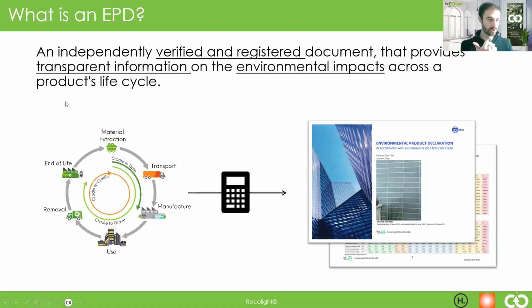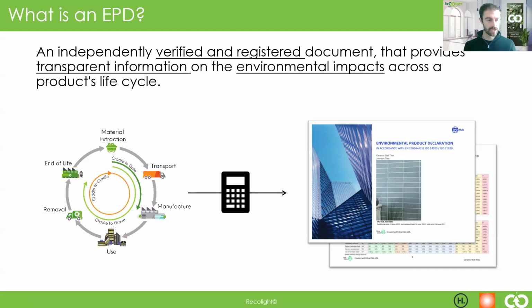That's going to be things like your materials, your utilities, your wastes, etc. All of those inputs are put through a model or calculation from which you get a set of results that are your set of emissions associated with that product. And those emission results are then summarized or distilled into your environmental product declaration document. So the EPD is just a document, and it's just the vehicle by which you can communicate those metrics.